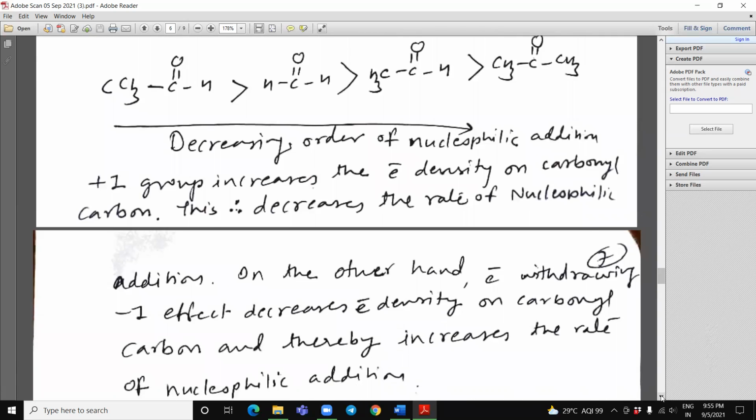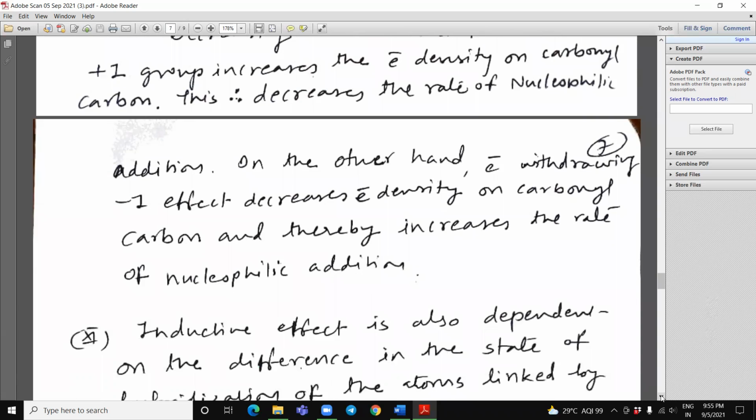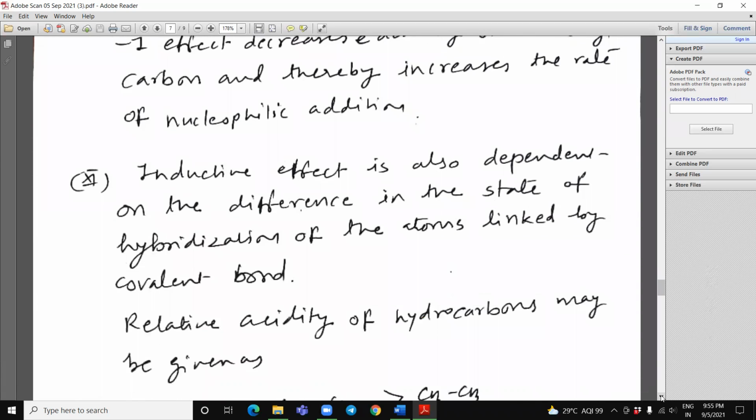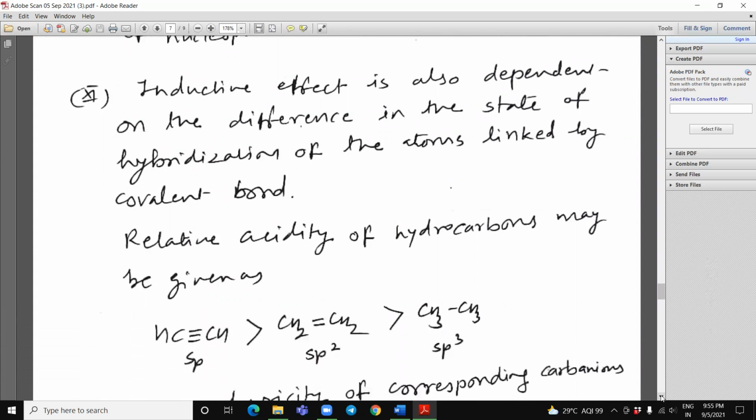On the other hand, if an electron withdrawing minus I effect is there, it will decrease the electron density on the carbonyl carbon and thereby increase the rate of nucleophilic addition. Inductive effect is also dependent on the difference in the state of hybridization of the atoms linked by a covalent bond.